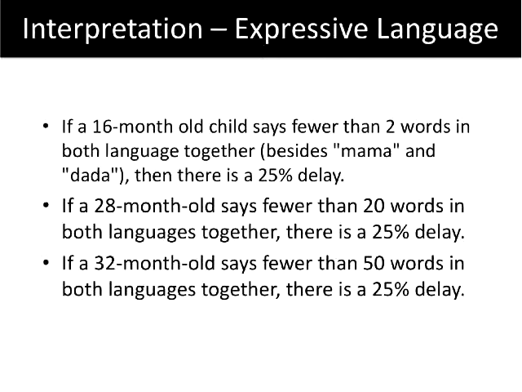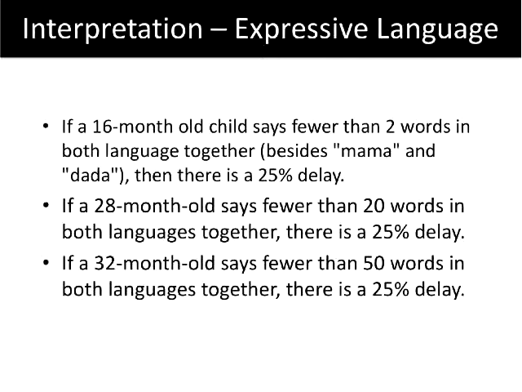If we look back at our 16-month-old example, if a bilingual child is saying fewer than 2 words besides mama and dada in the 2 languages together at 16 months, then that's a 25% delay. And if a 28-month-old child is saying fewer than 20 words in both languages together, then that's a 25% delay.